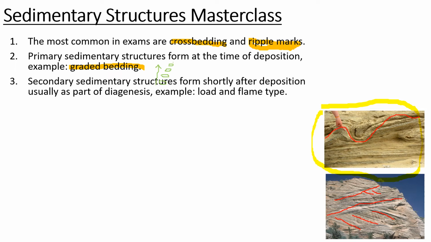So what we have here is a key term, which is diagenesis, and it kind of does what it says on the tin. There is an increased load from above, which causes this sort of flame type structure to increase from below, and it's all to do with a difference in sediment, from a sand, a coarser material, and a softer material, usually below.